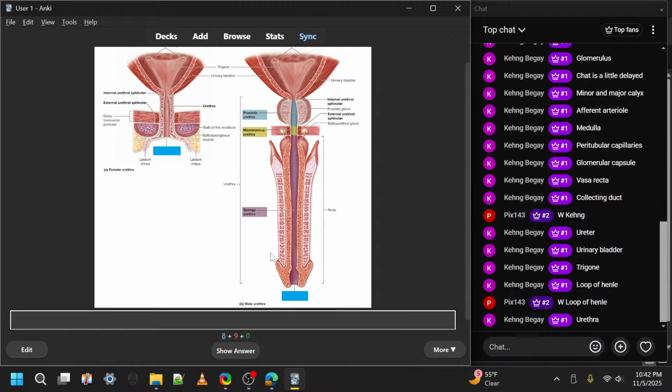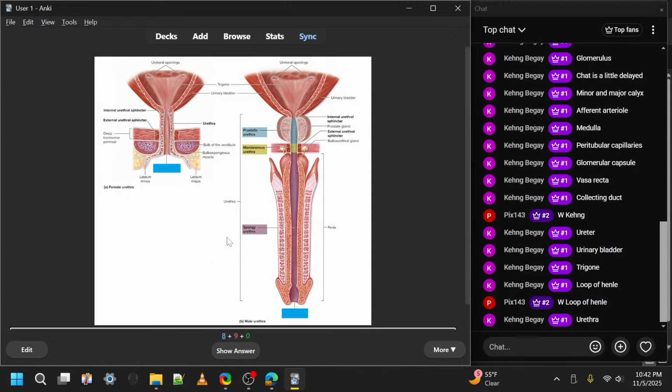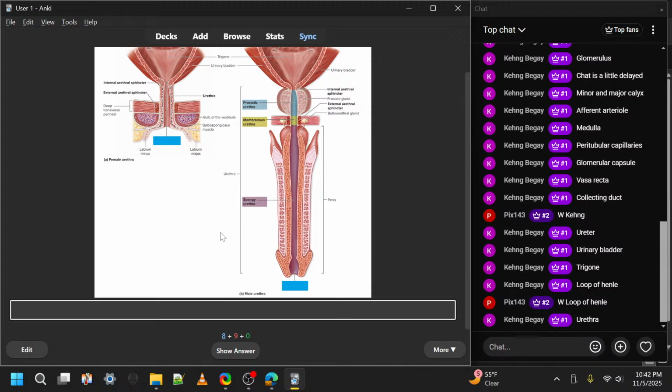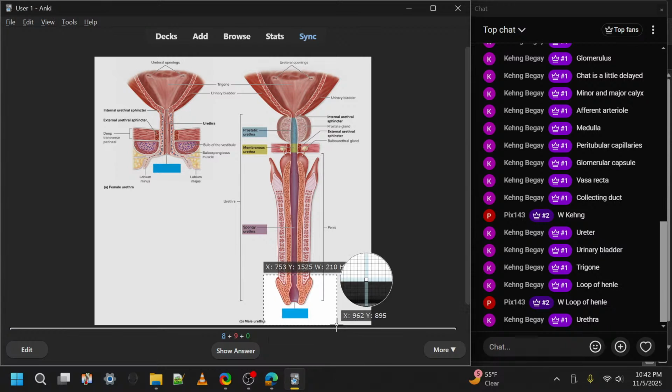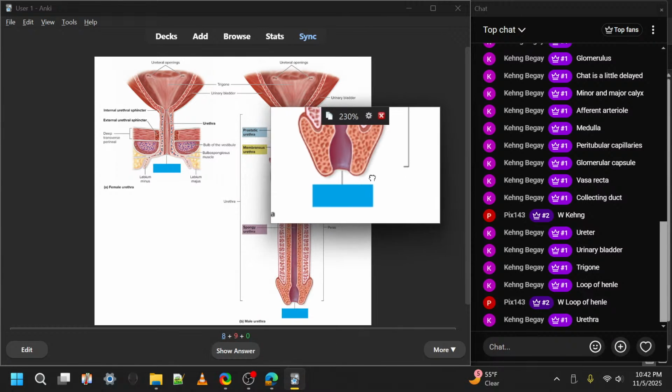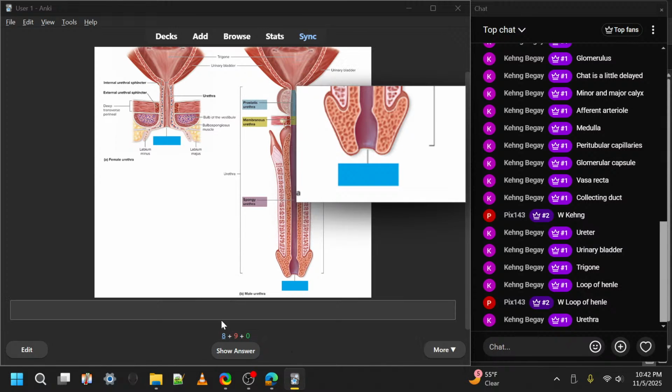Coolio. All right. Ooh, I know what this one is. So this is the urethral orifice.